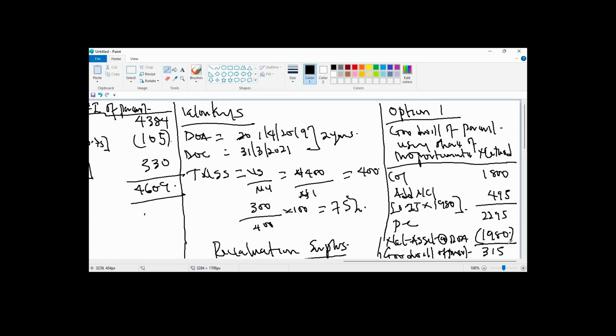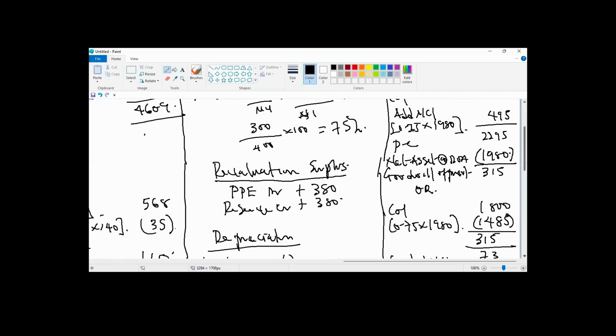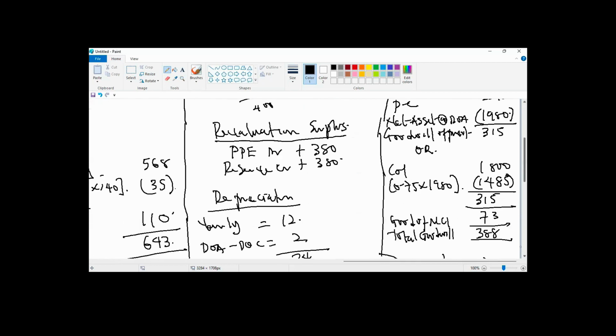After I've gotten my goodwill, there's a shorter way to get that, which only applies to proportionate share. Then I add it to the NCI, which they've given me, to get the total goodwill of 388 before impairment at DOA.